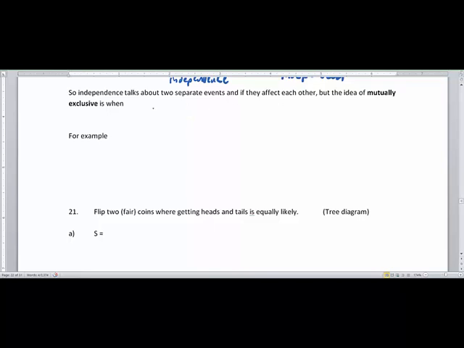The idea of mutual exclusivity is when the probability of A and B is 0, impossible, which means that A and B share nothing or no elements. So this is when you're talking about 2 sets of a bigger set and they have nothing in common.